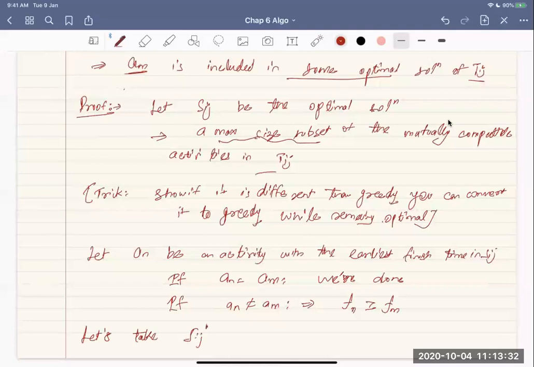So you're modifying Sij, that is Sij minus An, and you include Am. Okay. Now, first of all, is Sij prime still an optimal solution? That is two things. Are the activities still compatible?